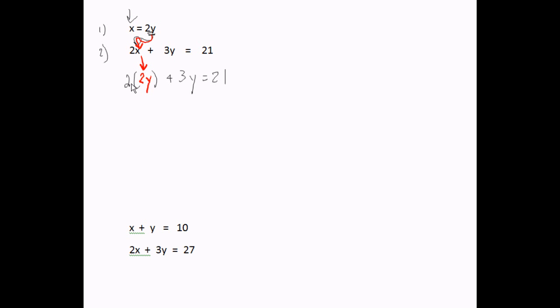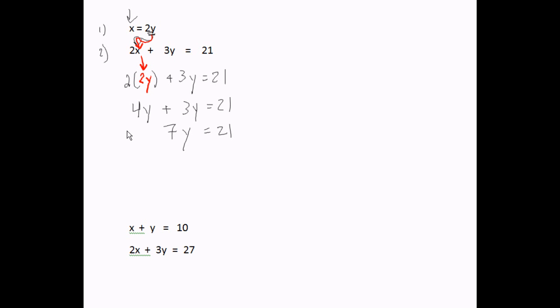And now we're just going to go through the math and solve. 2 times 2y is 4y plus 3y equals 21. 4y plus 3y is 7y. And now we got to get y by itself. What's the 7 doing to the y?